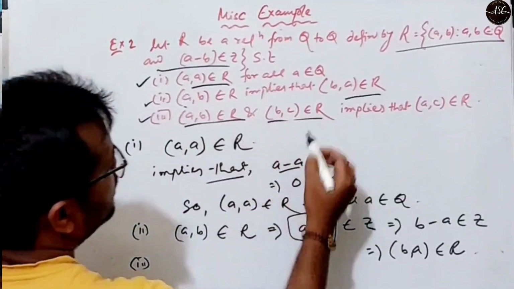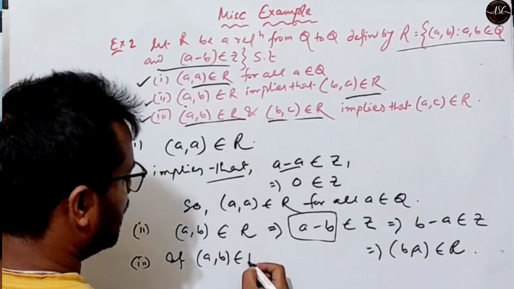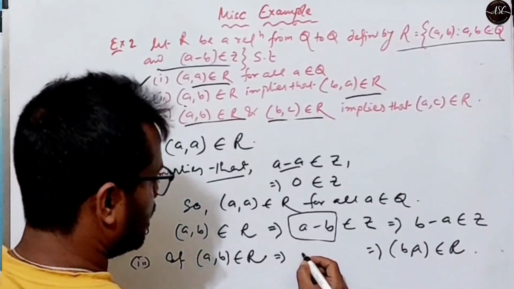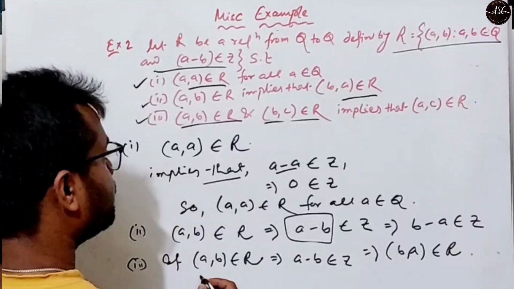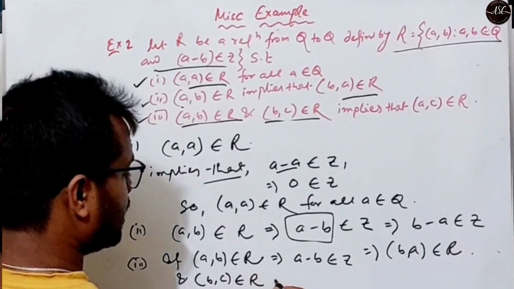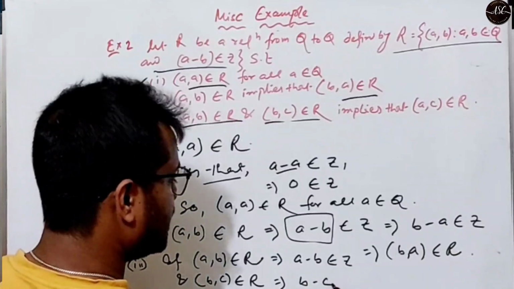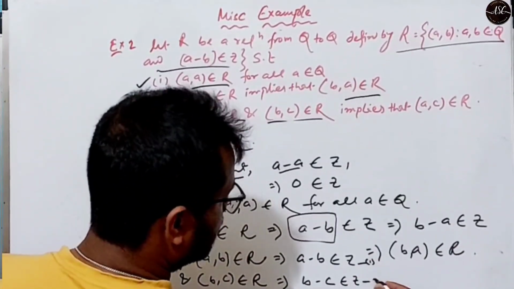(a, b) belongs to R and (b, c) belongs to R. That means (a, b) belongs to R implies a minus b belongs to Z, and (b, c) belongs to R implies b minus c belongs to Z. Let this be 1 and this be 2.